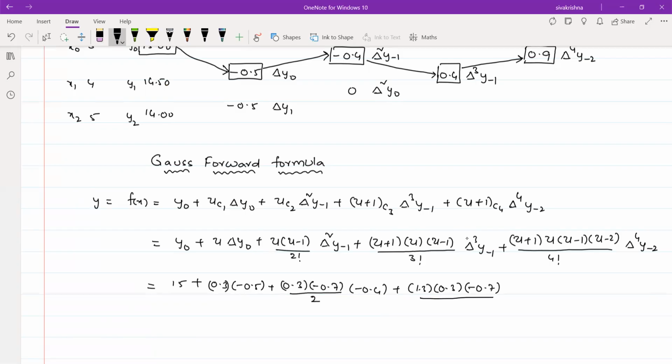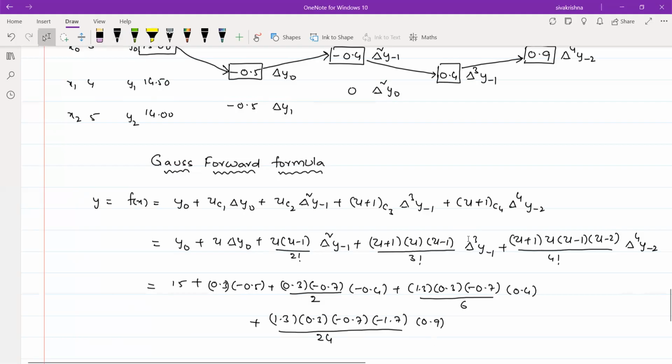Plus u plus 1, that is 1.3, into u, 0.3, into u minus 1, minus 0.7, by 3 factorial means 6, into delta cube, which is 0.4. Next plus 1.3 into 0.3 into minus 0.7 into u minus 2, which means minus 1.7, by 4 factorial means 24, into delta power 4 y sub x minus 2, which means 0.9.